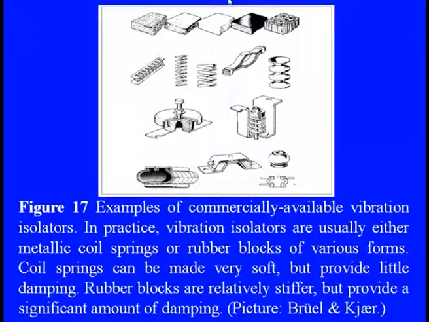The rubber blocks are somewhat stiffer, but also provide a greater amount of damping. According to the location, the exciting frequencies and the oscillation amplitude, we can choose among these and apply them.